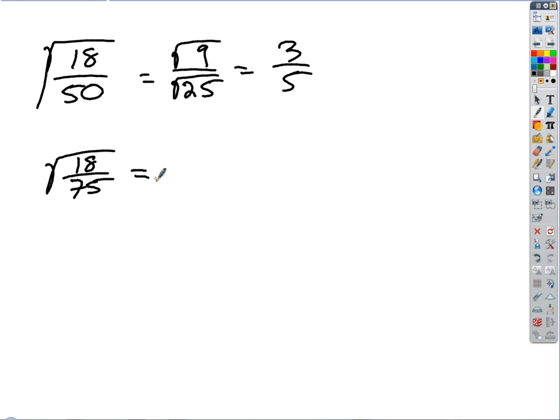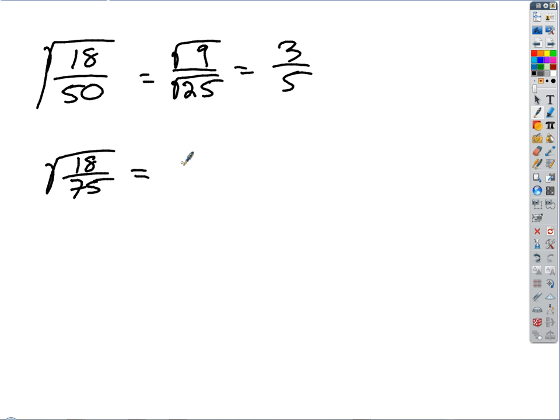Not that it's essential, but I could a little bit. Can you think of a number that goes into both 18 and 75? 3 does. Remember our trick: if I add up the digits, they're divisible by 3. 1 plus 8 equals 9, which is divisible by 3. 7 plus 5 equals 12, which is divisible by 3. So I could divide each of those by 3.